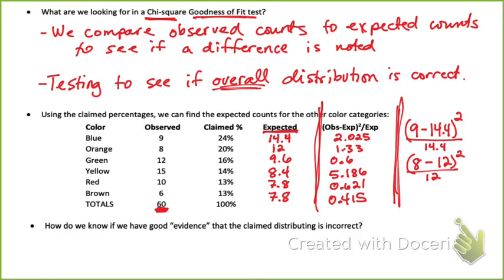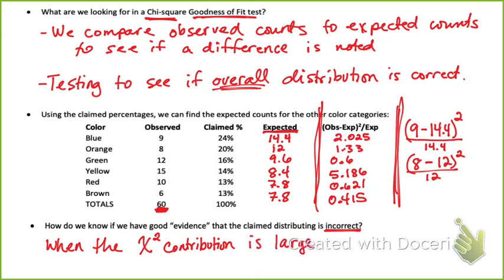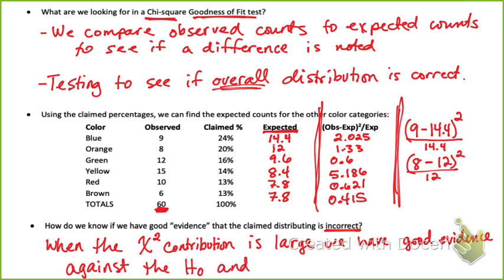All right. So how do we know if we have good evidence that the claim distribution is incorrect? All right. So when the chi-square contribution, which is what we just found, is large, we have good evidence against the null hypothesis and for the alternative that something in the distribution is wrong.